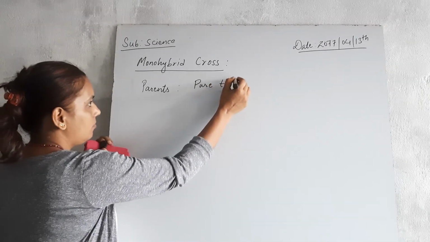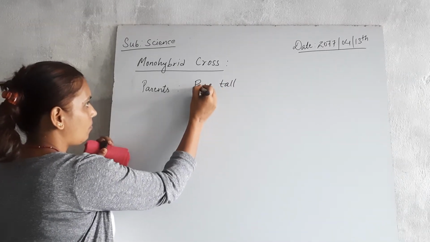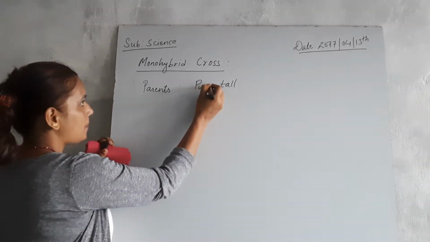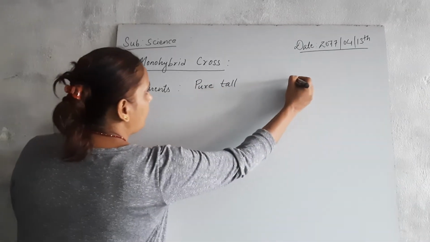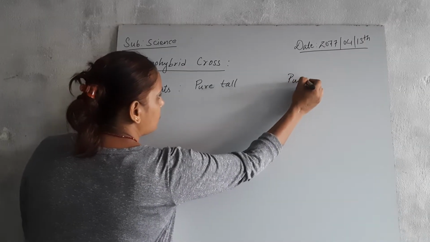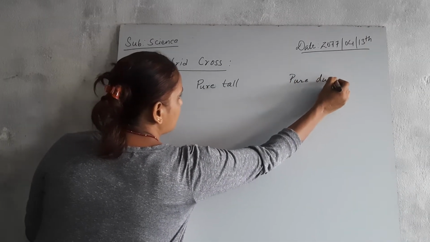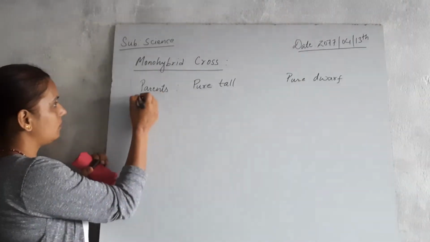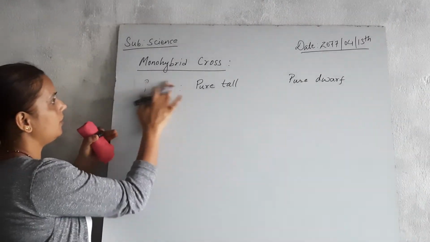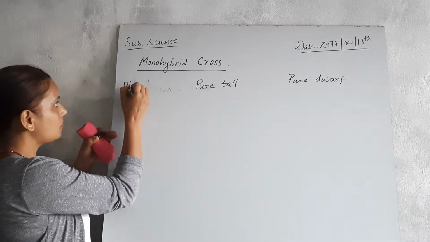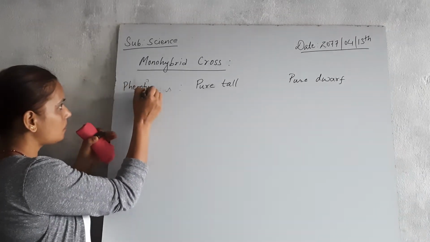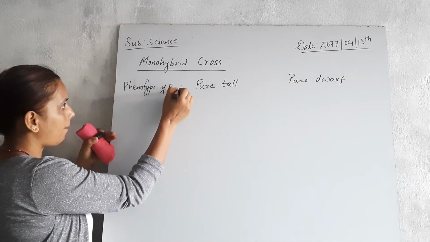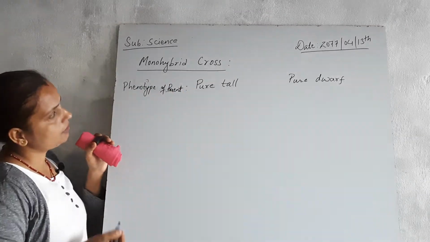that is pure tall and pure dwarf. This is the parents, or we can simply say parent.